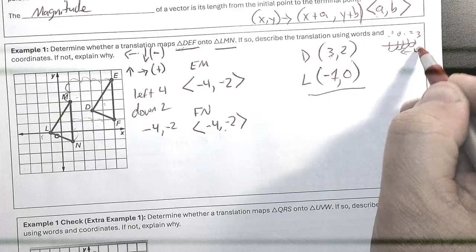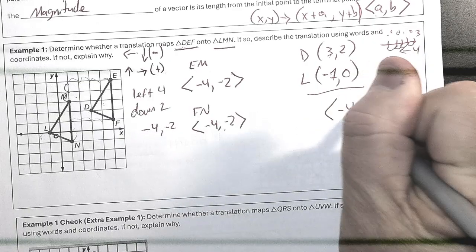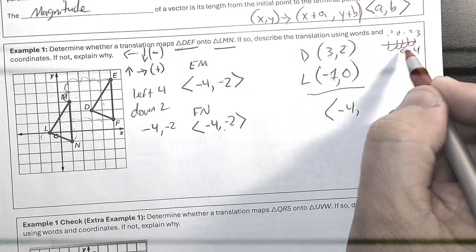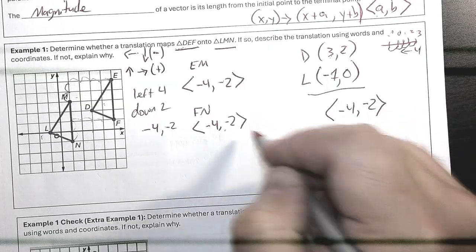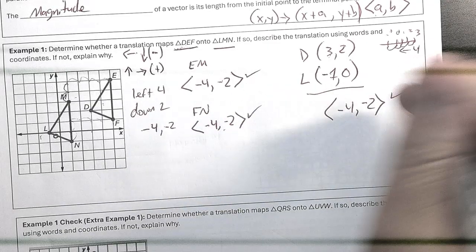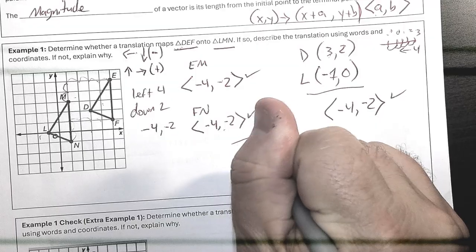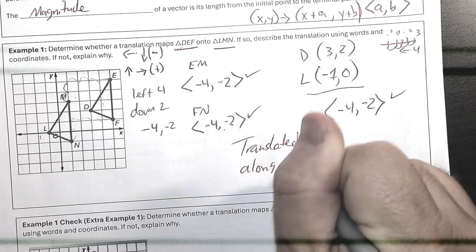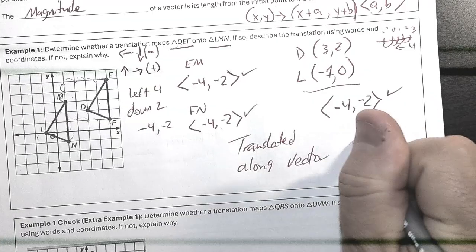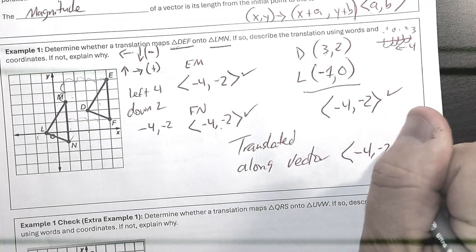So that was over 4. And then from 2 to 0, 1, 2, left or -2. So check, check, check. So this is translated along vector -4, -2.